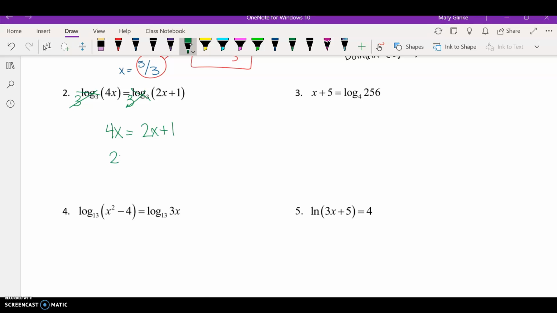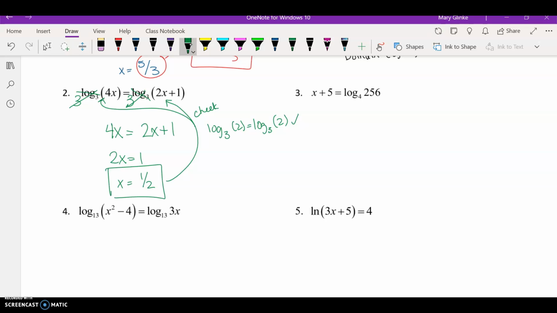So then you solve this equation, and you get x equals 1/2. We're going to check our answer by plugging this in. So you get log base 3 of 2 equals log base 3 of 2. This is a true statement, and I don't have any negatives inside my logarithm, so x equals 1/2 is our answer.